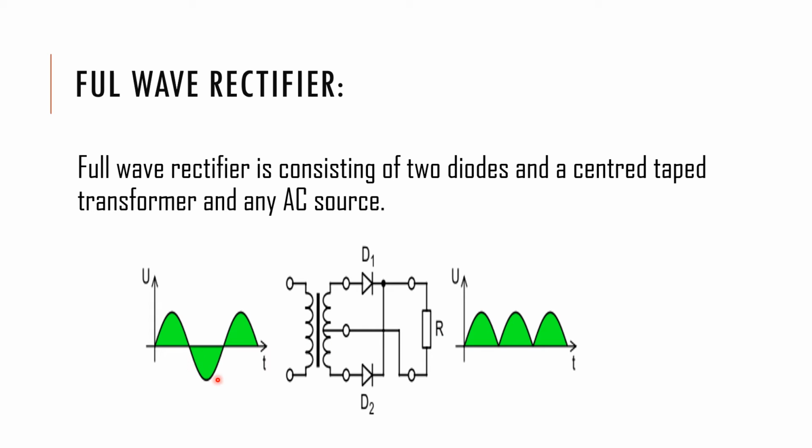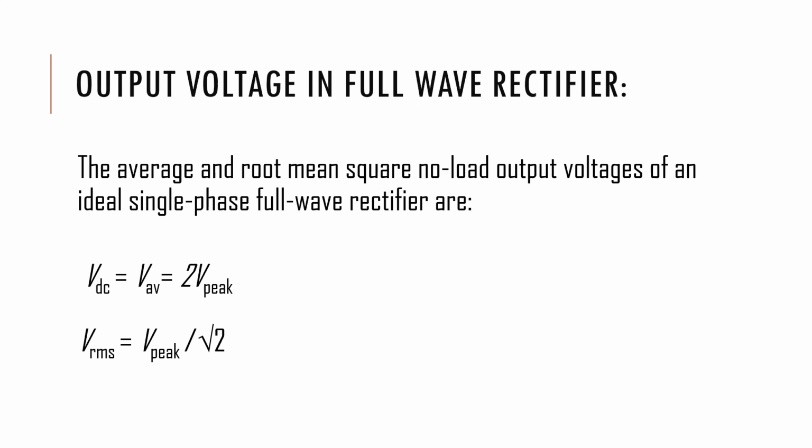When it is the negative half, then D2 conducts, and the output waveform also forms. Let us see the output voltage in full wave rectifier. In full wave rectifier, the output voltage VDC is equal to VAV is equal to twice V peak by pi, and VRMS is V peak by root 2.